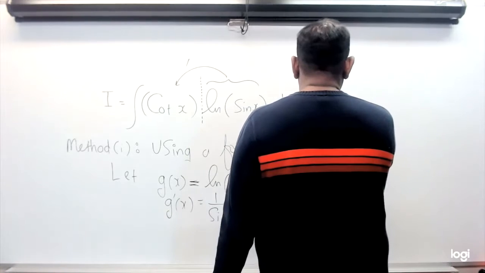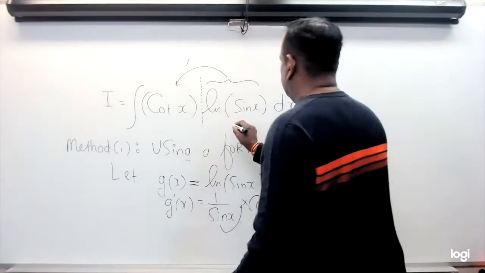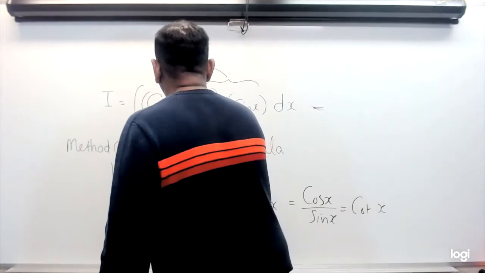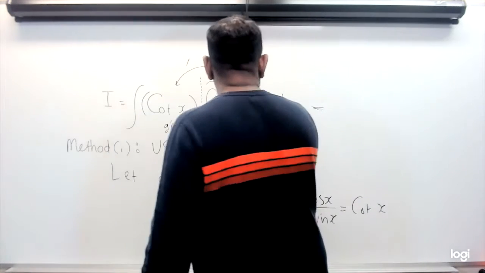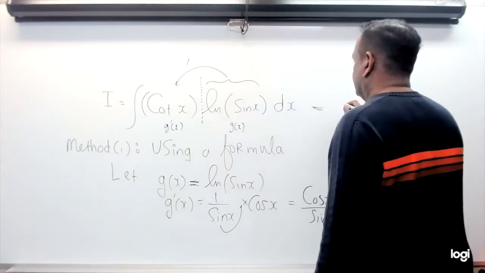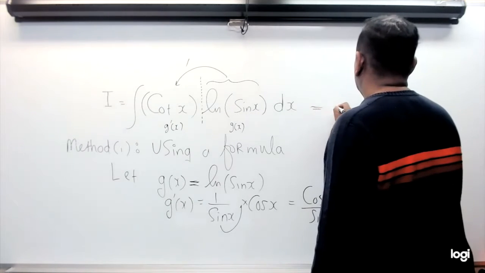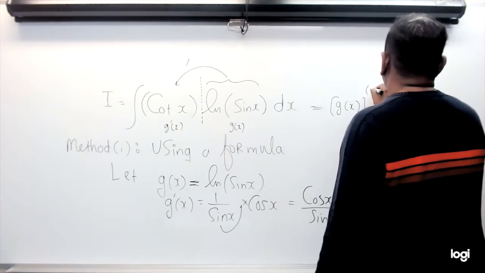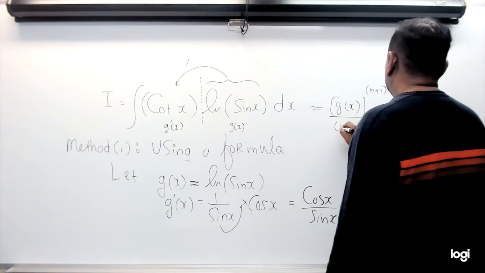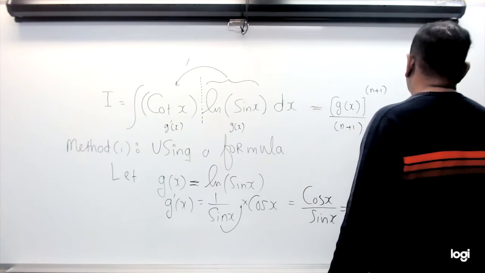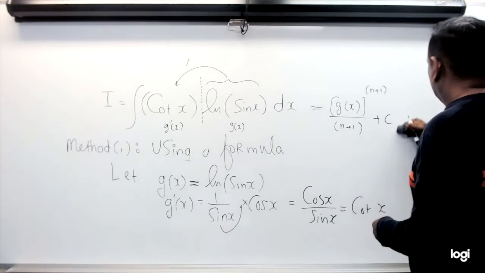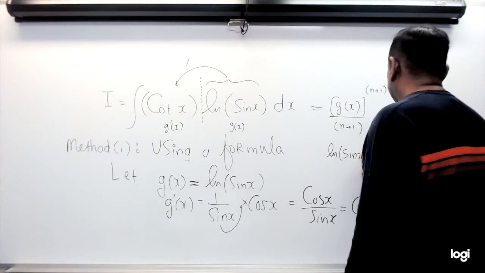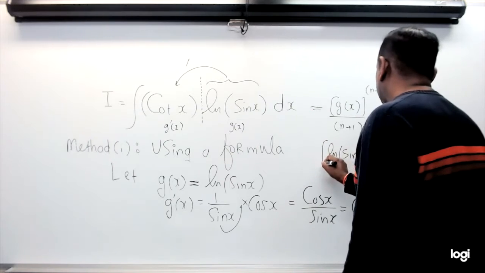Whatever you consider as g of x, and this is g prime of x, this is nothing but g of x to the power of n plus 1 over n plus 1, plus c. So you know your g of x is nothing but ln sine x.